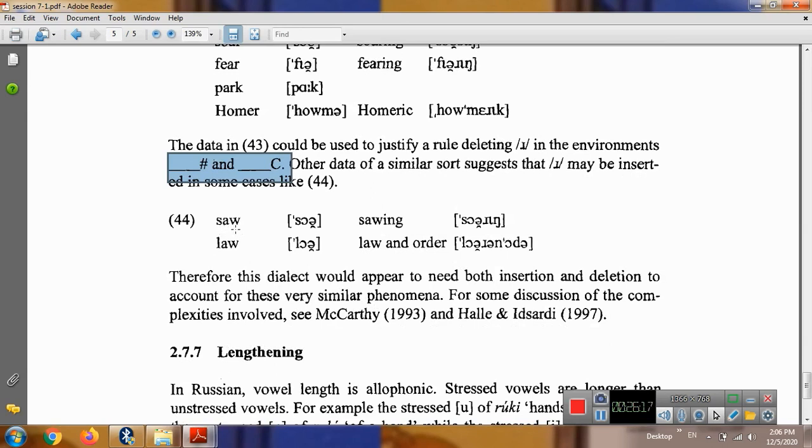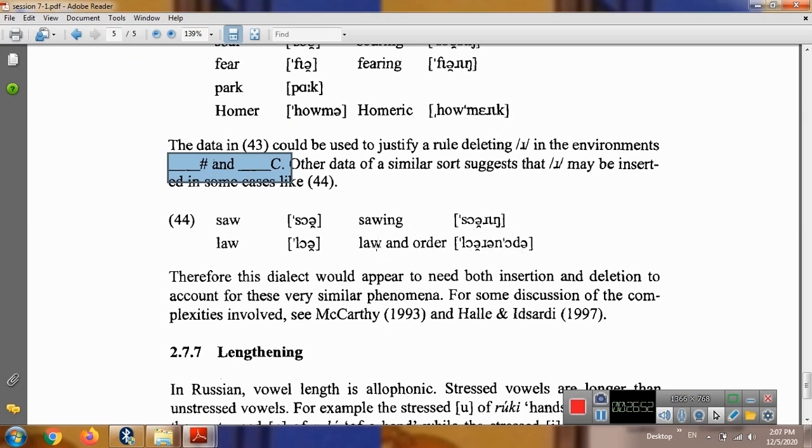For example, we have saw. Sometimes we don't have an r in the word, but we add it when we have some suffixes like -ing and others. For example, here we have saw, but when we have sawing, we insert r in this sawing. Law and order: we have law-r-and order.